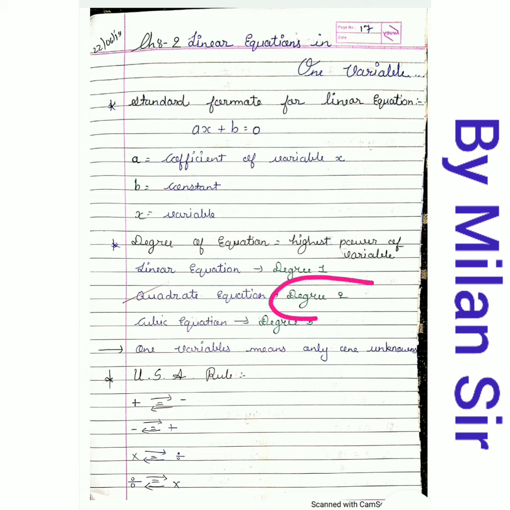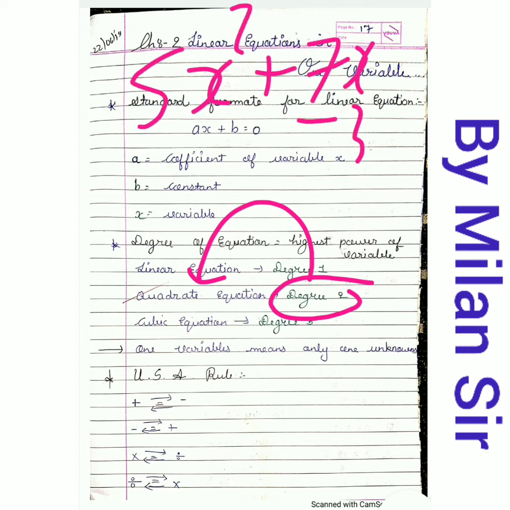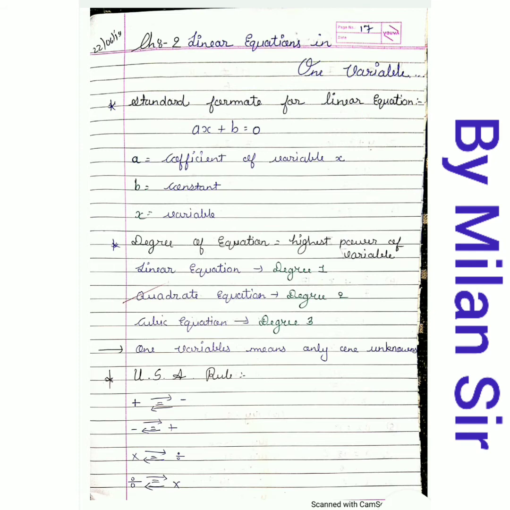If the degree is 2, it becomes a quadratic equation. Suppose 5x square plus 7x minus 3 is equal to 0. Here x is our variable and the maximum exponent of x is 2, so it is called a quadratic equation. And if the degree is equal to 3, then it is called a cubic equation.